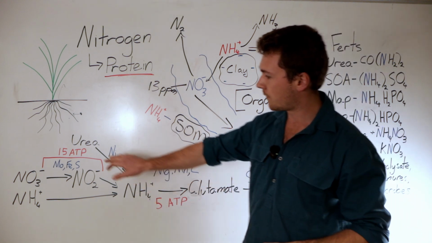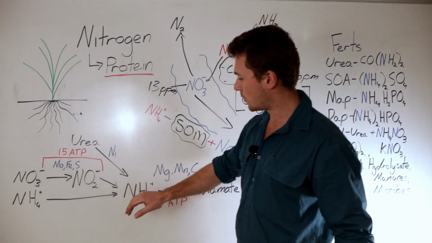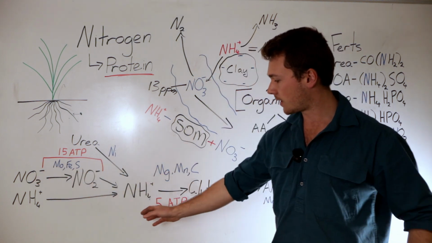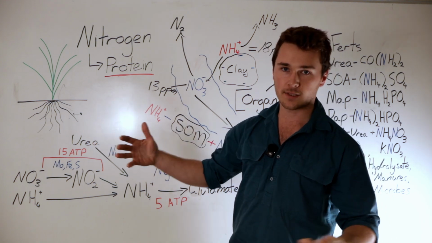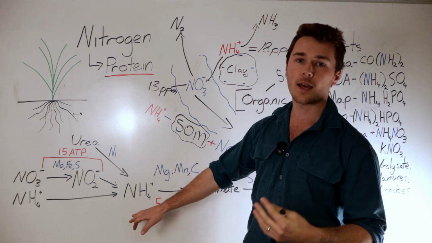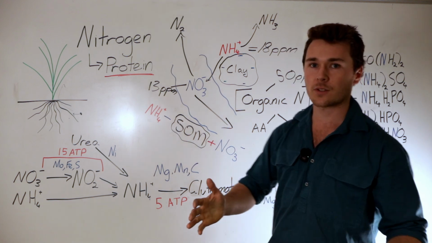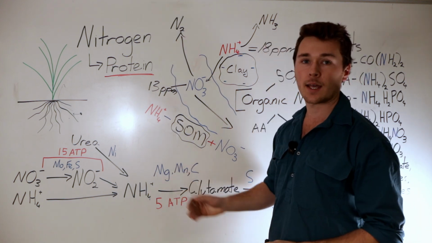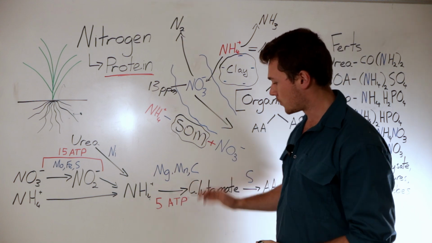So when we compare 15 bits of ATP to convert our nitrate into ammonium and then an additional 5 to convert it into glutamate, applying nitrate is again very energy intensive. If we can just apply it or get it into that ammonium, it's a lot more efficient to then get that into glutamate. But I can't stress this enough, we need to make sure we have enough photosynthates or sugars in order to convert our ammonium into glutamate.